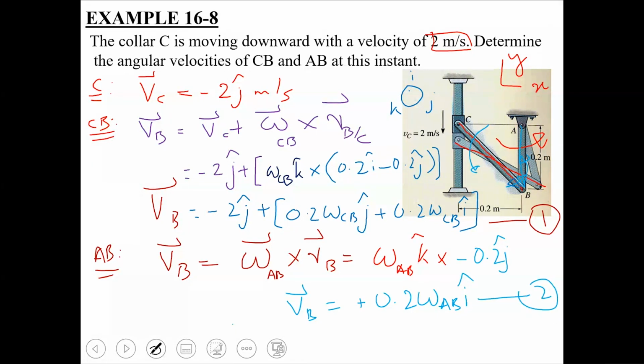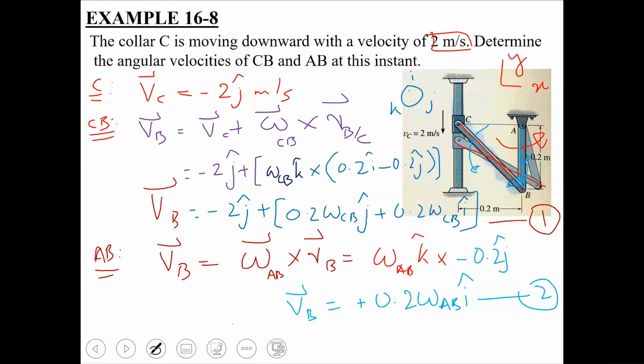Now equation 1 and equation 2 both represent the velocity of point B. एक में हमने with respect to link CB निकाली है और एक में with respect to link AB निकाली है. But since point B is a common point between those two links, it should have the same absolute velocity.